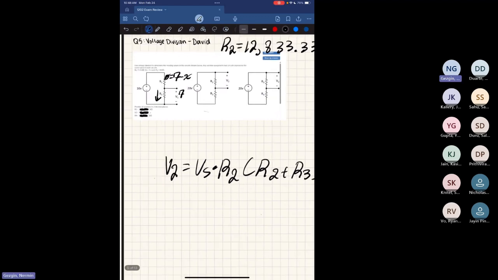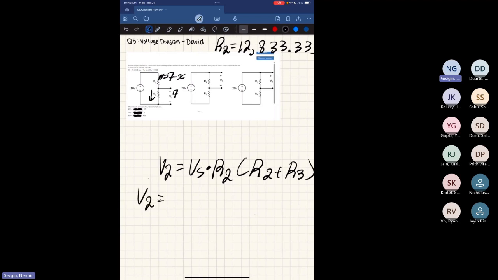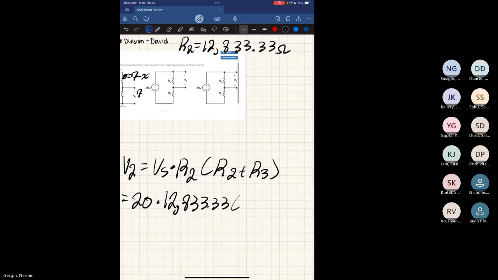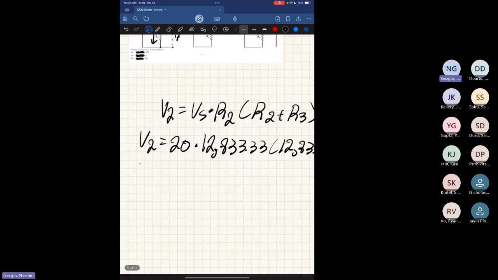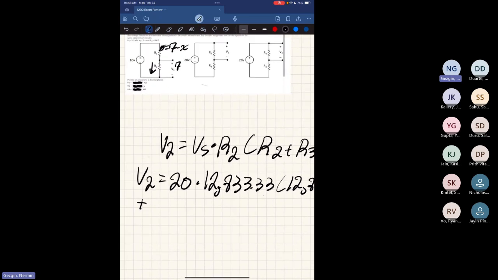So basically, with this, let's substitute the values in. We know the value of R2, which is 12.8 kilo ohms.